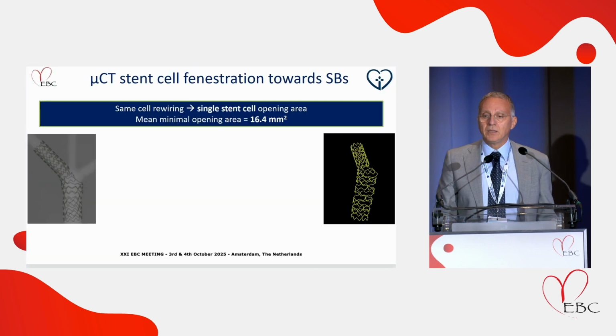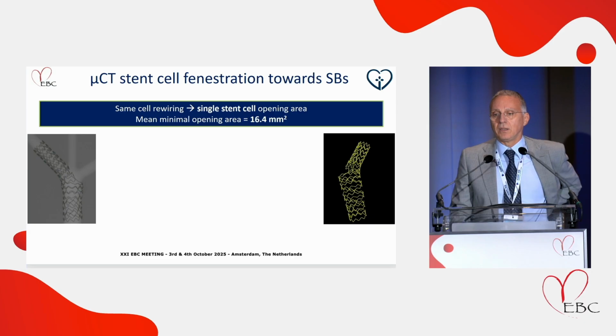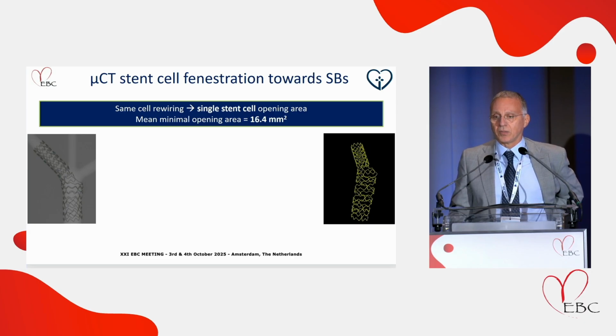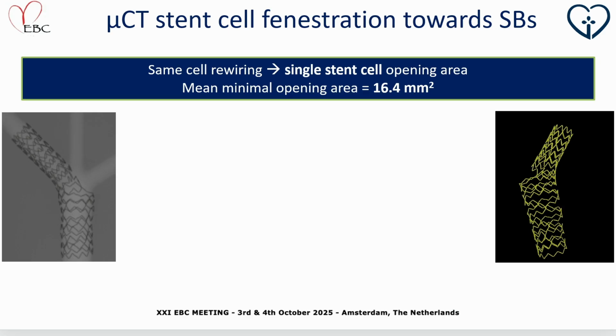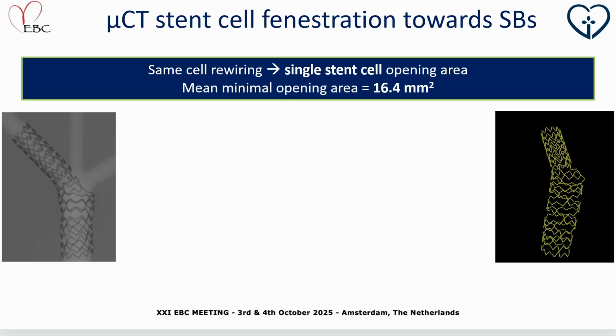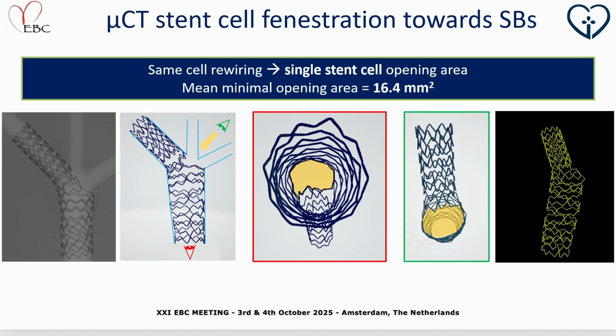But I think that the most important aspect came from the micro-CT stent self-fenestration assessment. You see that with the same cell rewiring, we have a single stent cell opening area in which the average was 16.4 millimeters. This is the reconstruction allowing you to understand what we are dealing with.